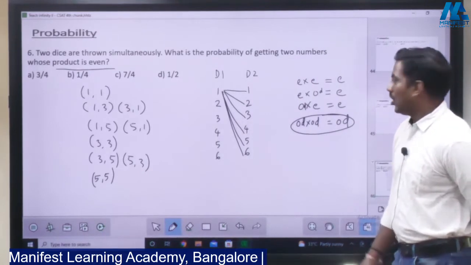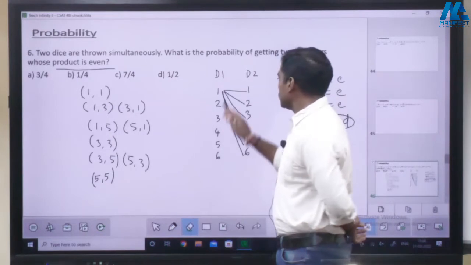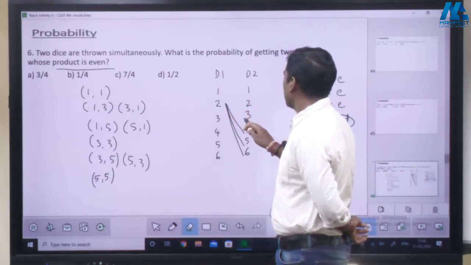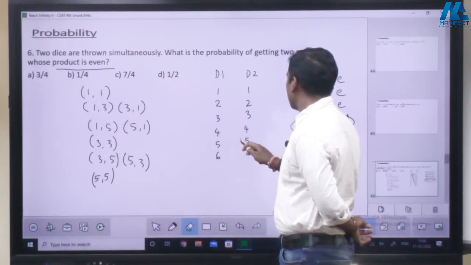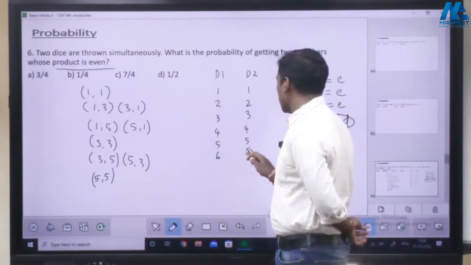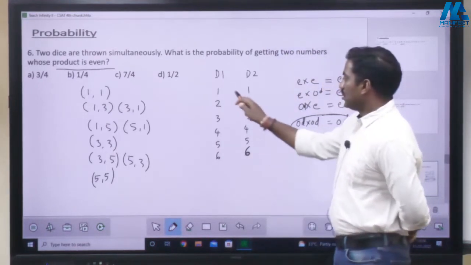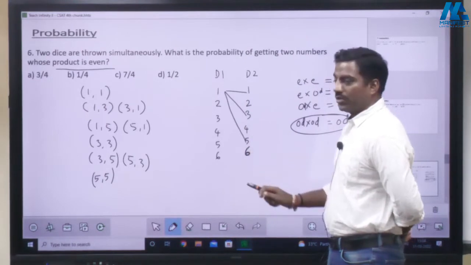That's it. This product is odd, this product is odd, and this product is odd.